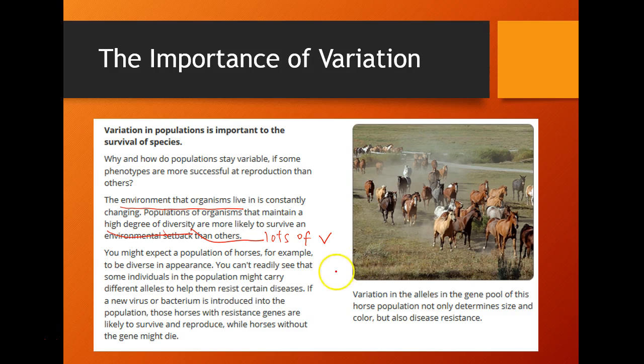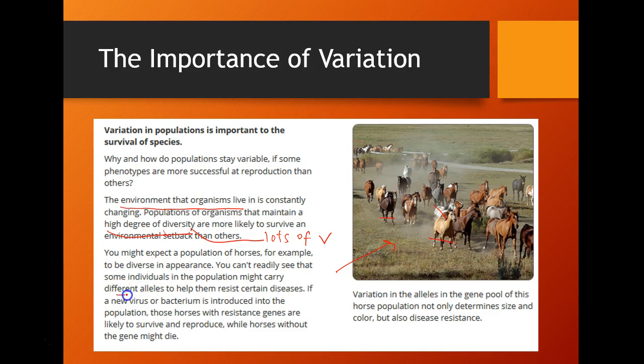So if you look at this population of horses right here, you could see different types of horses. We see dark brown, light brown, white. We see many different types of hair color, and that is one way that a population of horses can be diverse, but there are also other ways that it can be diverse.